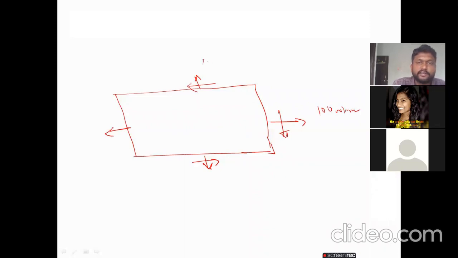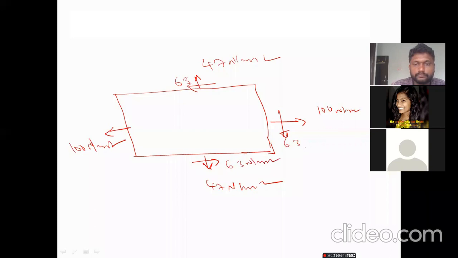Sigma 2 is 47. So the tau value is 63. And there is an angle like this, and the theta value is given here. So this is the given data.